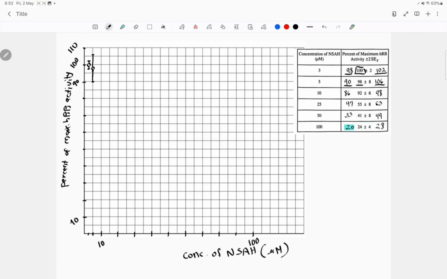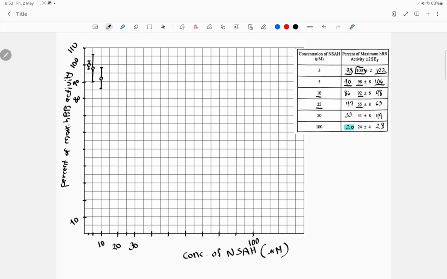Next up, 10 with 92, which is going to be here. Error bar ranging from 86 to 98. Next, 25 with 55.